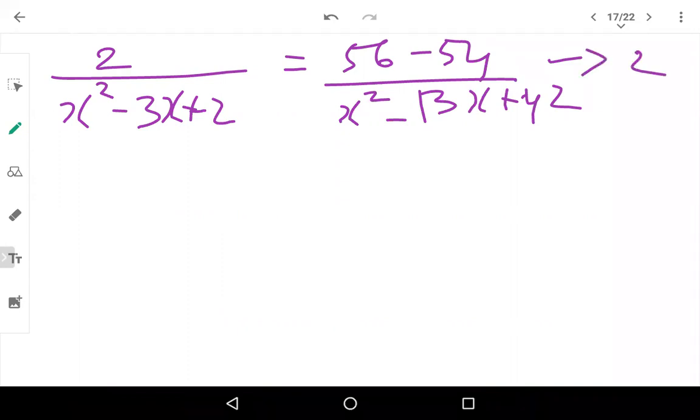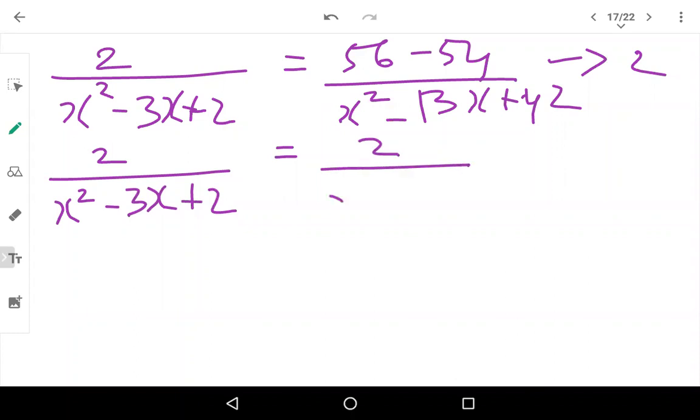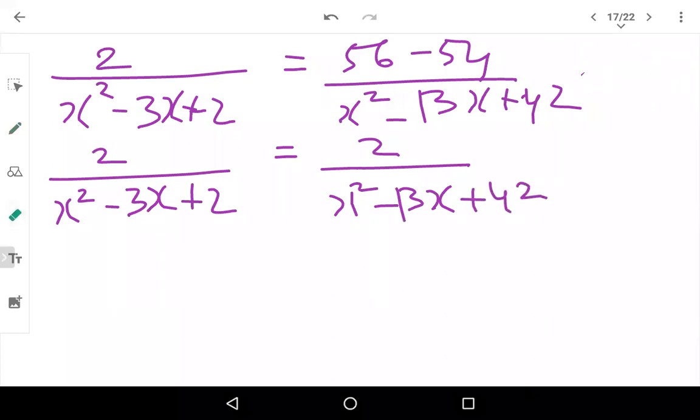So next step, 2 divided by x square minus 3x plus 2 is equal to 2 divided by x square minus 13x plus 42. Understood? Any doubt still here?